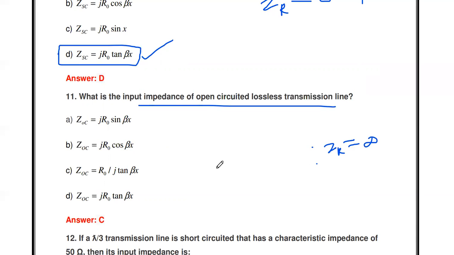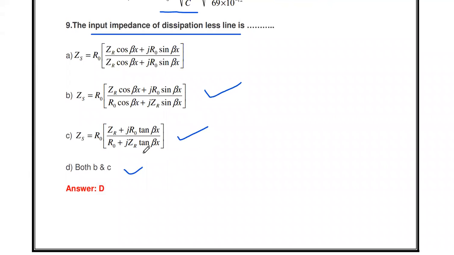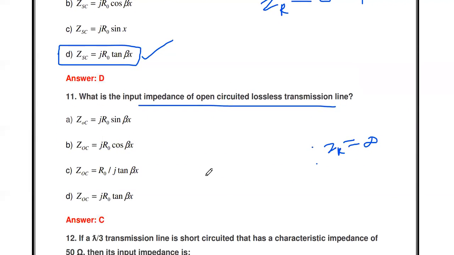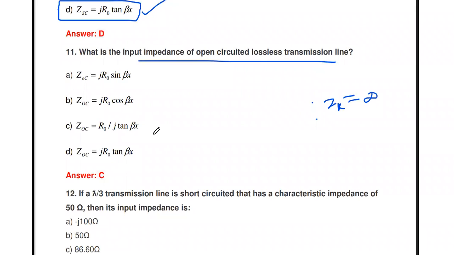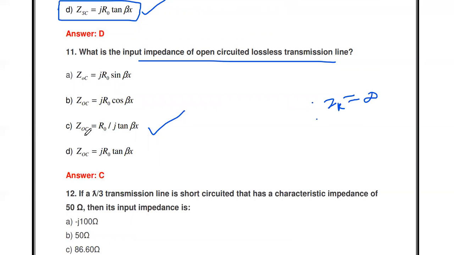If you substitute ZR equal to infinity in this input impedance formula, we get the reduced form ZOC equal to R naught divided by j tan beta x. So this is the input impedance of an open circuited lossless transmission line. This is the short circuited impedance, j R naught tan beta x. For the open circuited transmission line, the impedance is ZOC equal to R naught by j tan beta x.